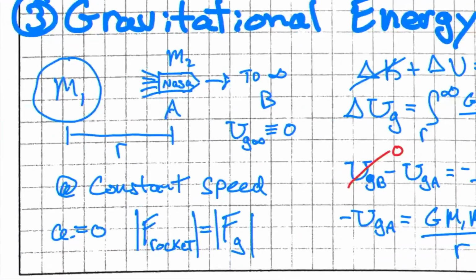Well, that's the same thing here. Instead of a hand, we have a rocket, but that rocket is pushing in the direction of motion, so it's doing positive work, so it should increase the energy. Now, if we end with 0 energy, we must have started with negative energy, because when you increase a negative, you can get to 0.